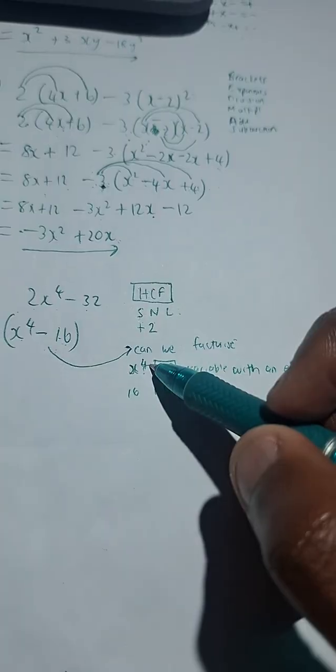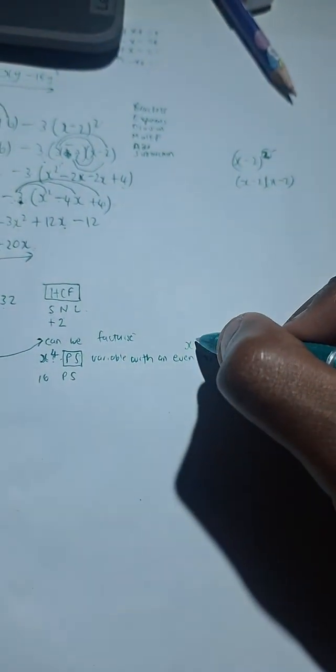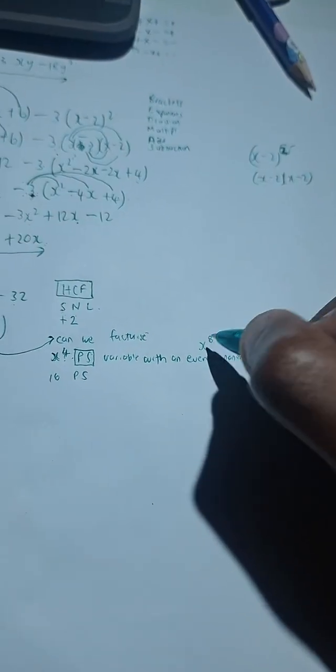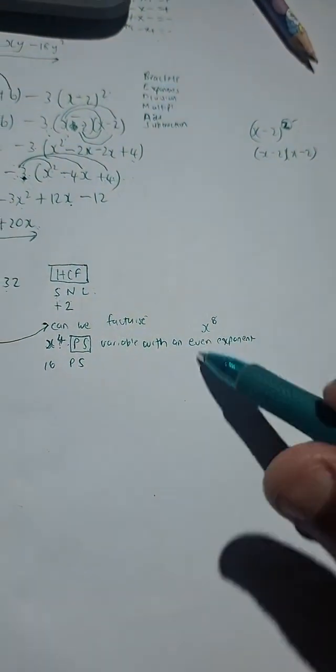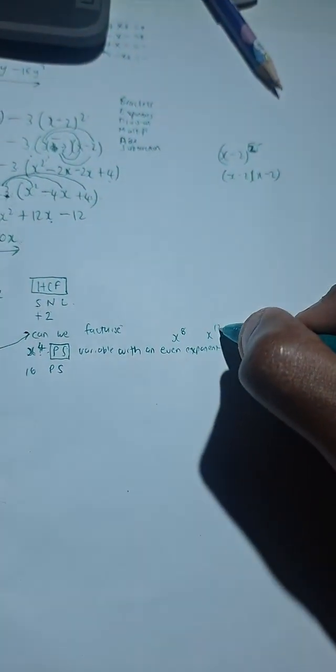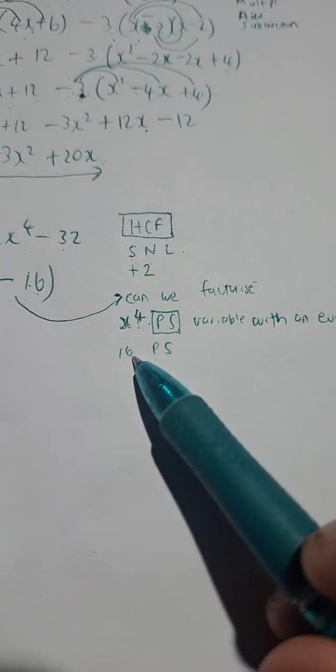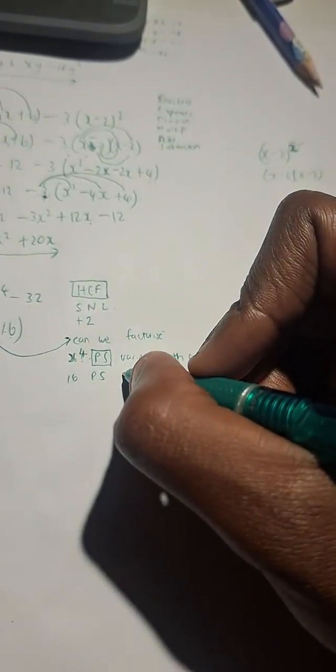So for instance, this exponent 4 is an even number. Other examples, x to the power 8. That's a perfect square variable because it has an exponent that is even. X to the power 12. That's a perfect square variable because it has an exponent that is even. 16 we say is a perfect square number. Why?